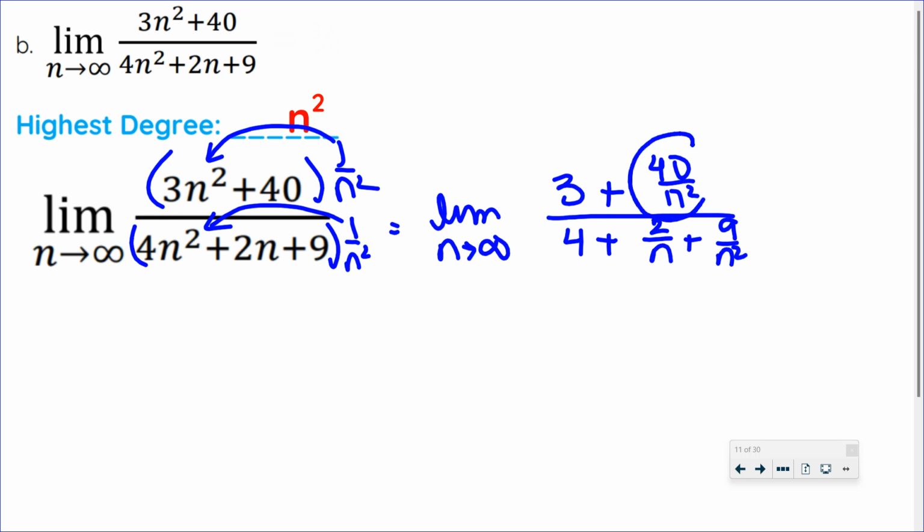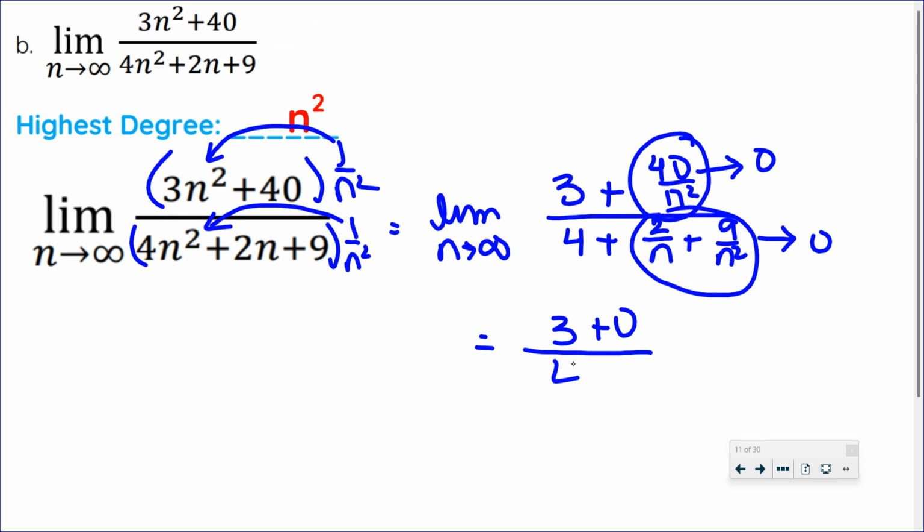So I know this bottom-heavy function, as n gets bigger to infinity, approaches 0, and both of these also approach 0 as well. So my limit is going to be 3 plus 0 all over 4 plus 0. So the limit altogether as n approaches infinity is equal to 3/4.